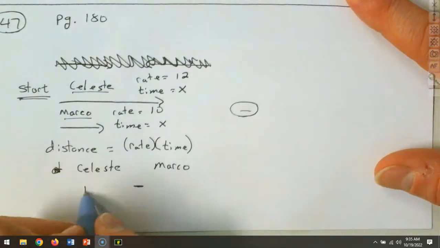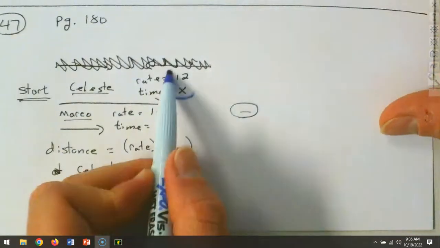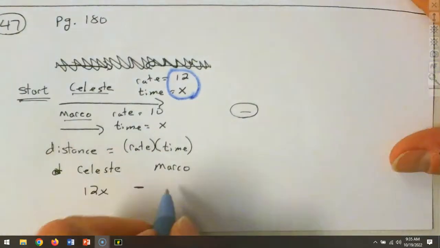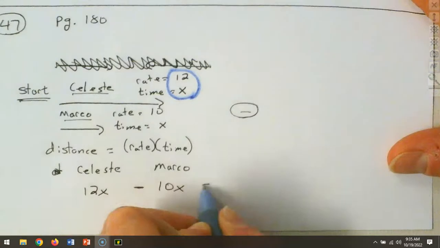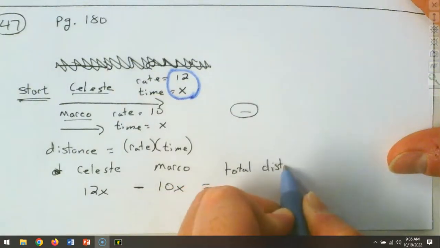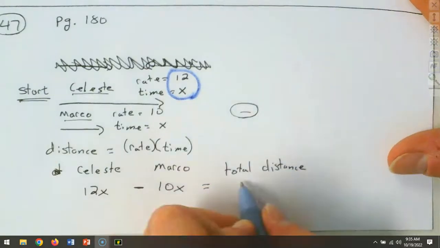So we've got 12x from the first one, just like we did before. They are overlapping, so they subtract. Whenever they overlap, they subtract. Marco is 10x. And what's my total distance? Total distance is going to be 15.